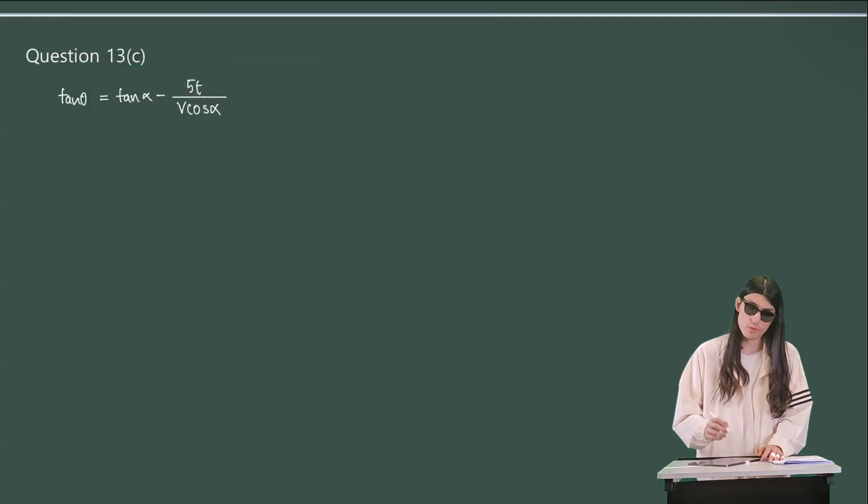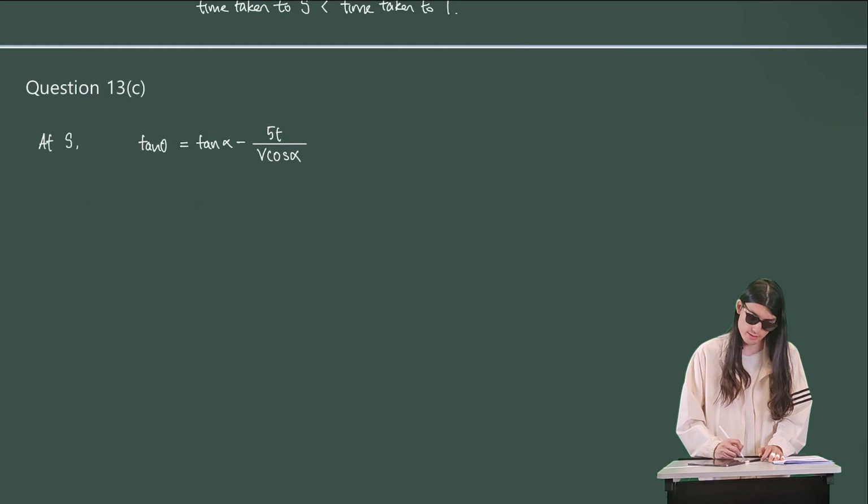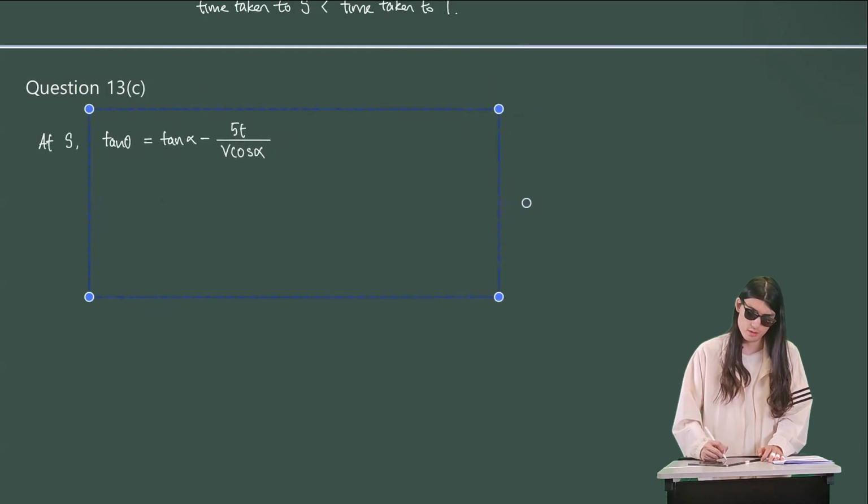Okay, from equation number 1, guys, at point S, we know that this angle theta is equal to alpha on 2. So I can rewrite that as alpha on 2.